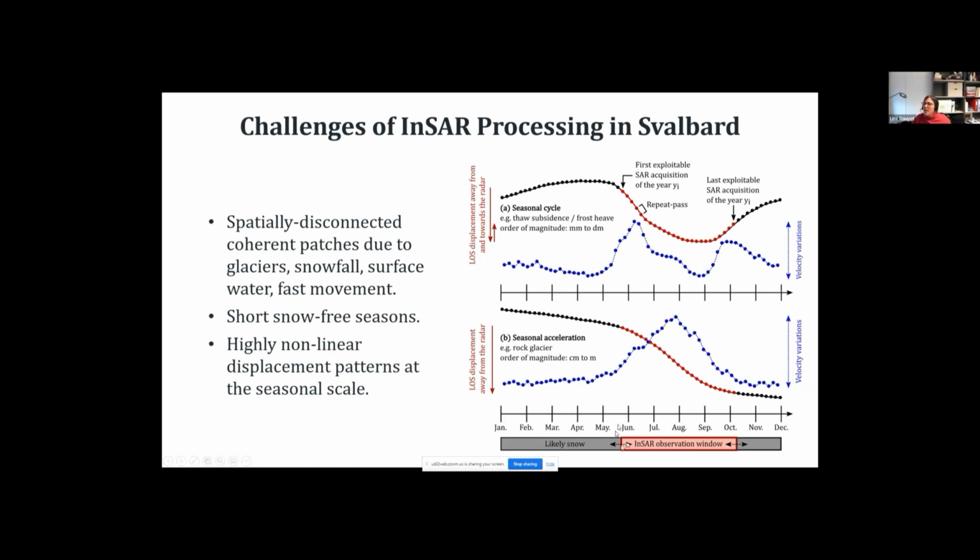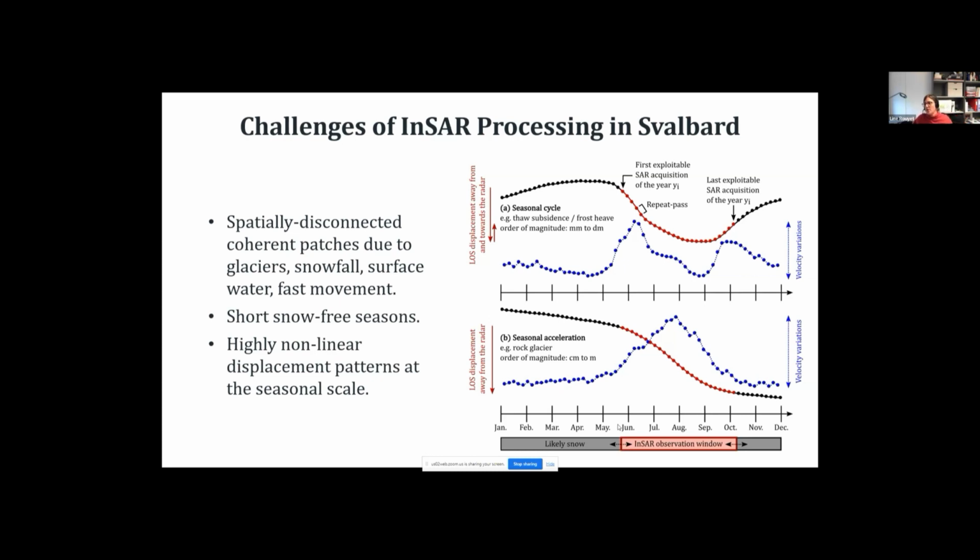And also in the mainland, the processing chain is based on an algorithm called persistent scatterer interferometry, PSI. And this is typically designed for slow movement, rather linear processes, and also ground targets with relatively stable conditions, which in Svalbard for many reasons is not necessarily true.